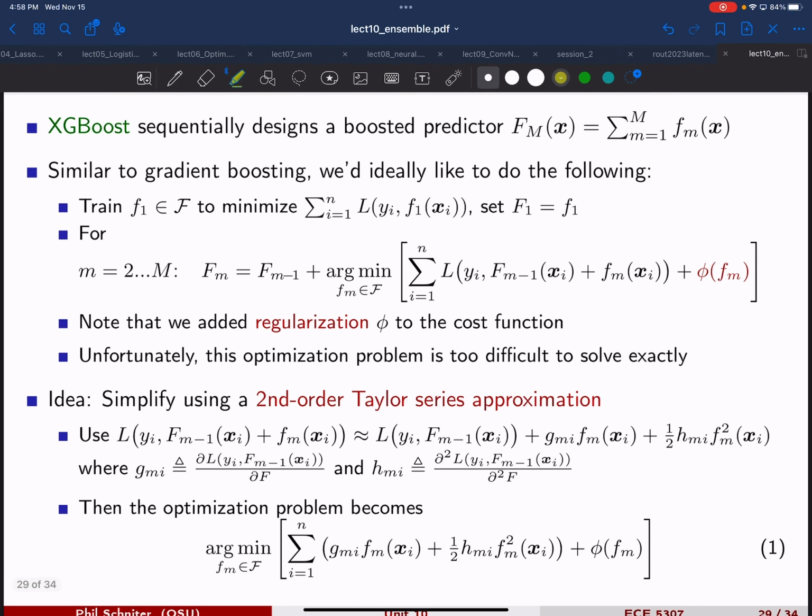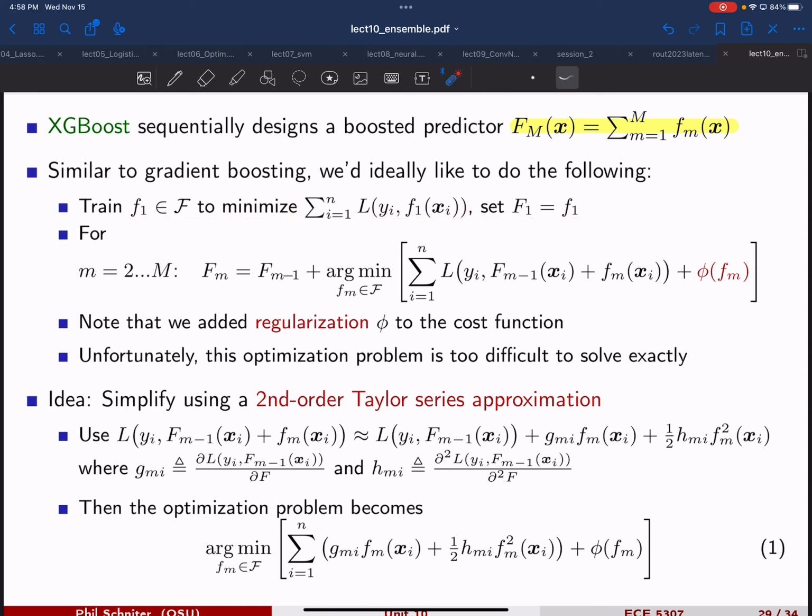Okay, so let's go through the derivation. In this case, the boosted predictor does not have the alphas, the alpha m, so it's a little bit simpler. You're just going to sum together the base predictors to get the boosted predictor. Ideally, this is what we would like to do. First step, we train the first base model to minimize this loss.